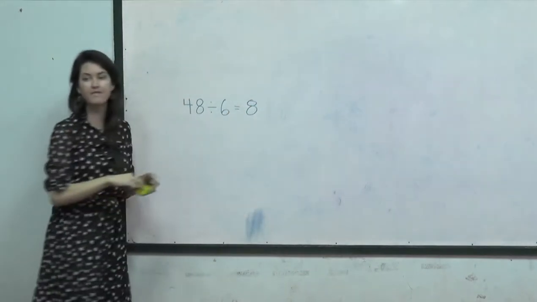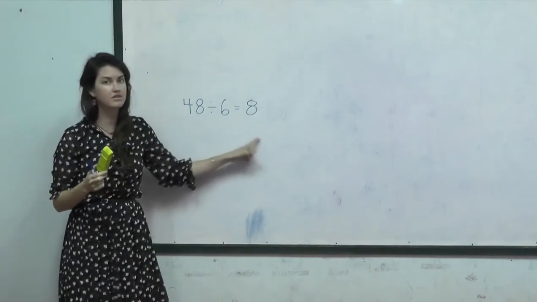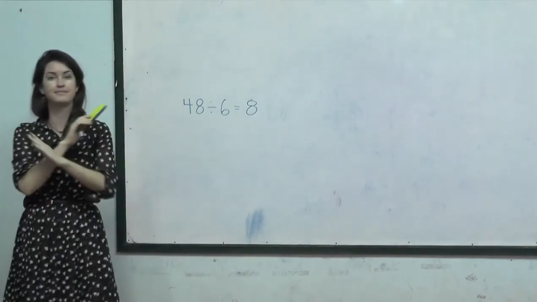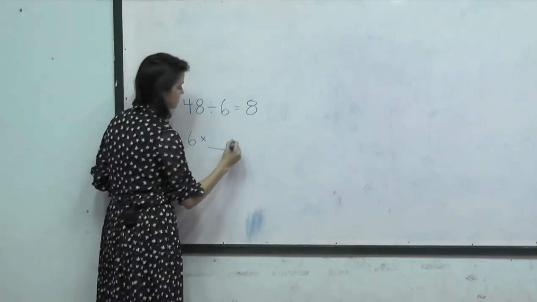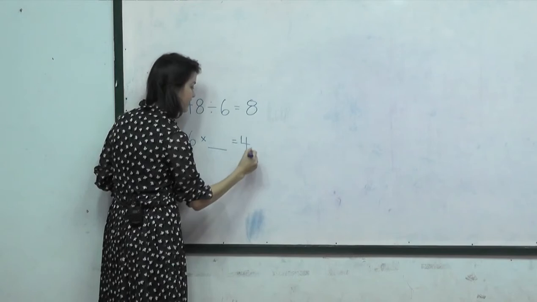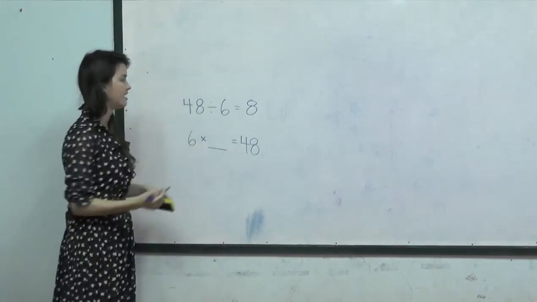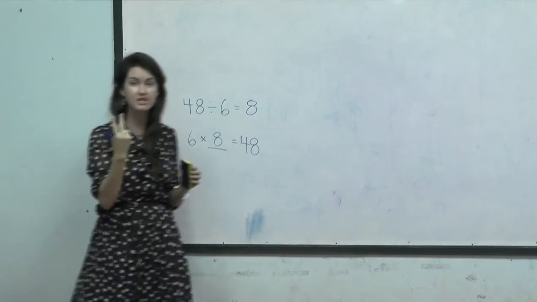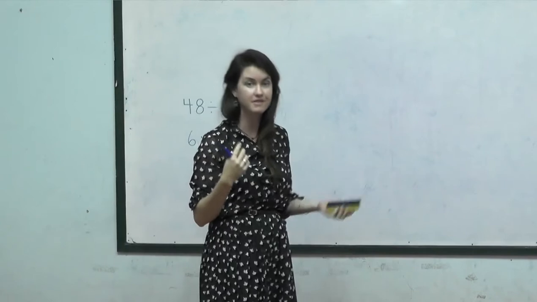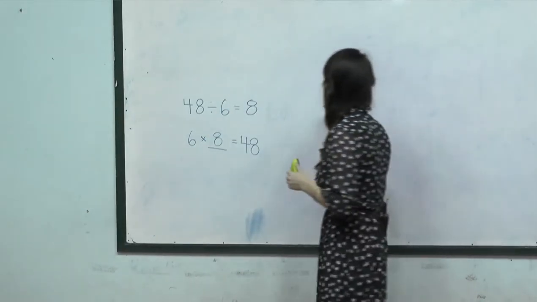If we didn't know what 48 divided by 6 was, how can we make this into a multiplication problem? Good, friends. We could think 6 times what number equals 48? And we know now that that answer is 8. So you can always switch multiplication to be a division problem or a division problem to be a multiplication problem. Okay?